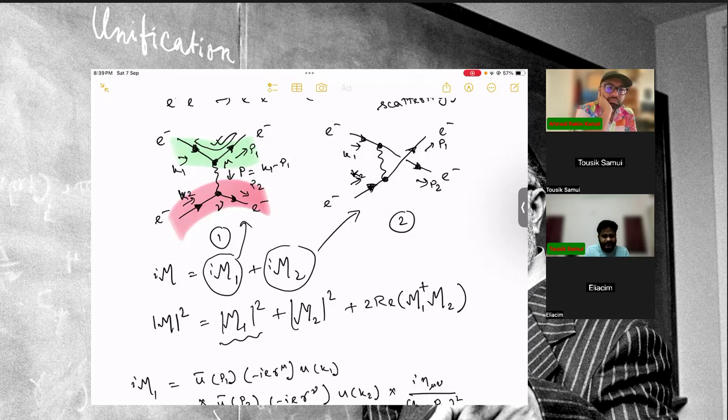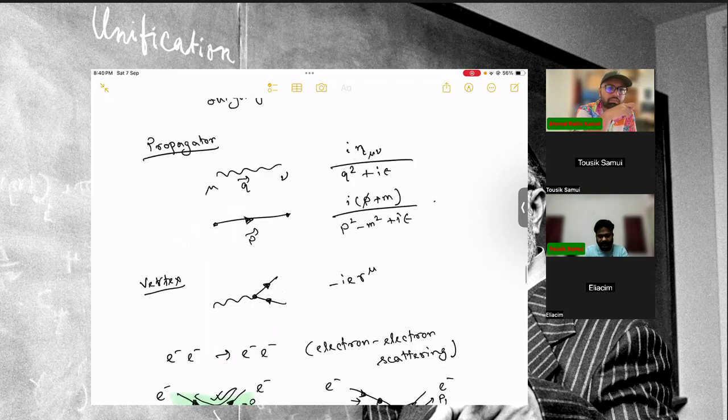Oh, the simple answer is charge will not be conserved if you take e minus, e minus. We don't have any vertex which represents e minus and e minus. We always have psi bar gamma mu psi and then A mu, the interaction term.